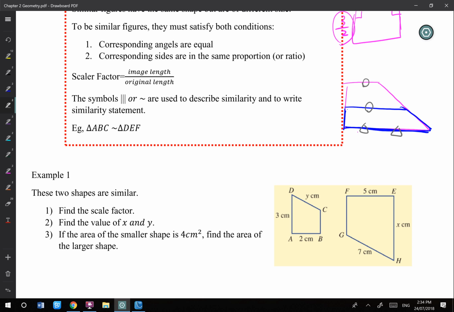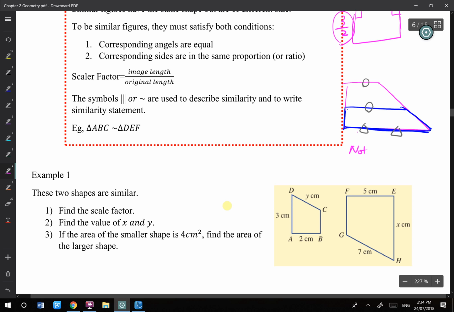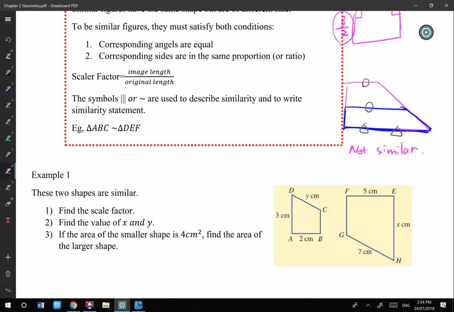Even though all the angles are the same, parallel lines, all the angles are the same, it doesn't matter. The lengths are not in the same proportion, so it can't be a similar shape. So this one is not similar.